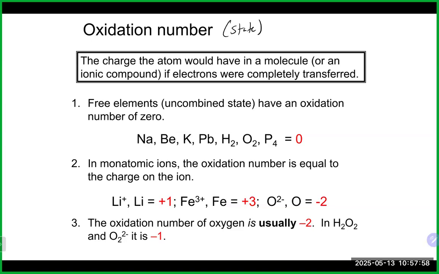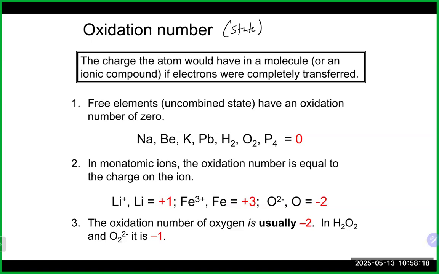For example, chlorine could be +1, +4, +3. The difference in electronegativity makes chlorine more positive than it would be in an ionic compound. So keep that in mind.